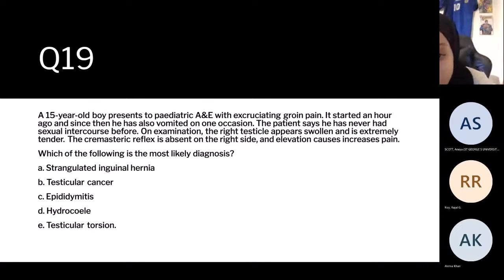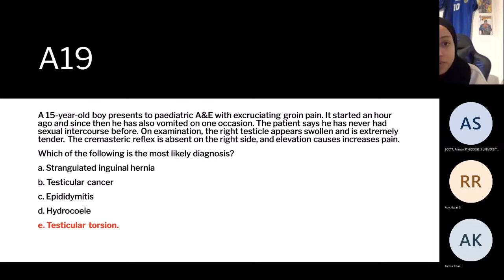Testicular cancer is less likely to be in this age group, and usually it will be painless. Strangulated inguinal hernia could actually be that, but because of how suddenly it's happened and because of the age group, we're leaning towards it being more testicular torsion, and hydrocele wouldn't cause this amount of pain.